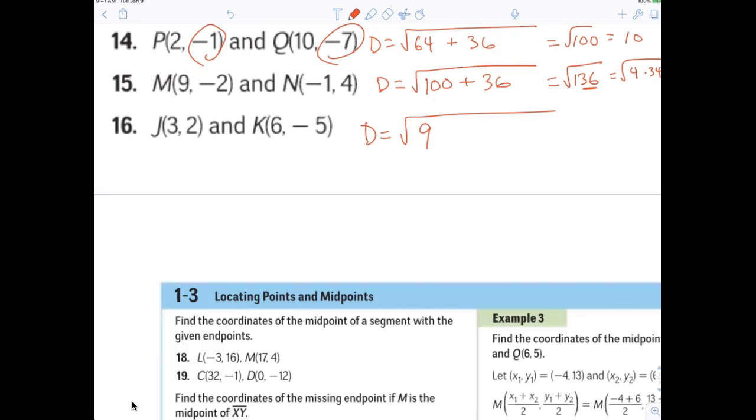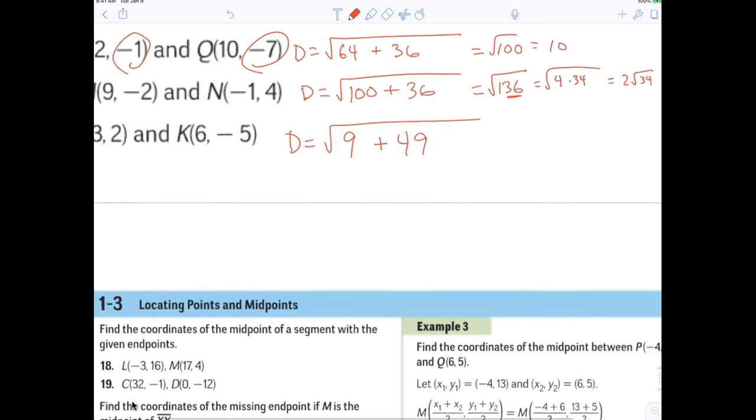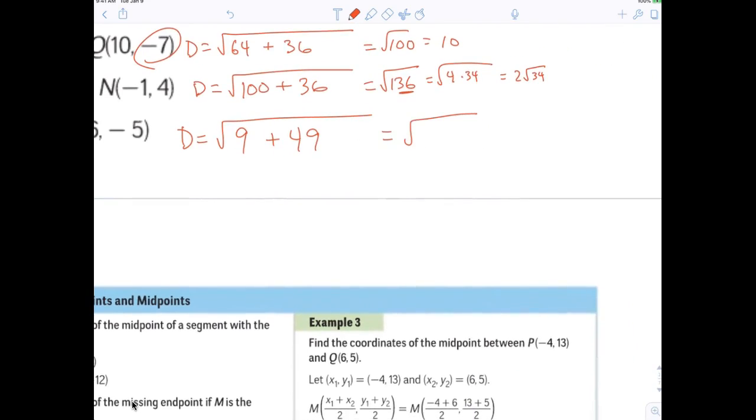And then subtracting, we get what? 49. So altogether we have 58. Square root of 58. And 58 is 2 times 29, so that does not break down. So that's how we're going to leave it. All right. Simplified radical form. Anybody have any questions with those? I think that's pretty straightforward, right?